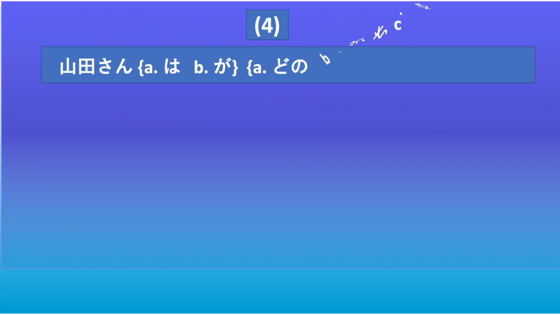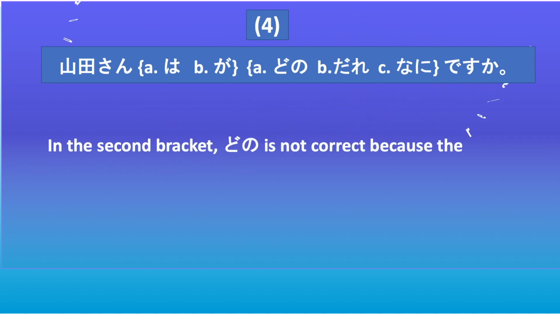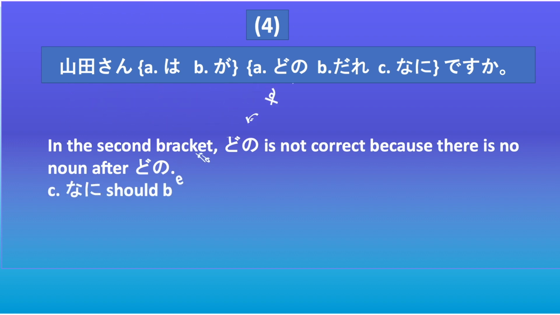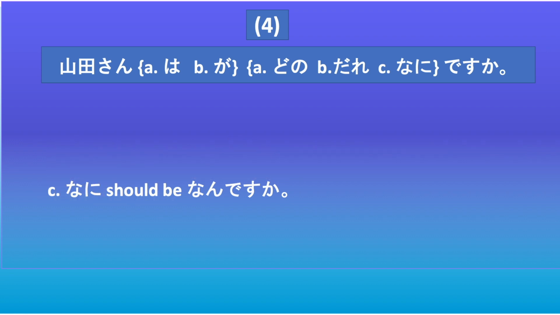Let's check the last question. 山田さんは、が、どの、誰、何ですか? In the second bracket, どの is not the correct answer because there is no noun after どの. 誰 and 何 seem good, but 何 should be 何ですか, so 何 should not be used in this sentence.